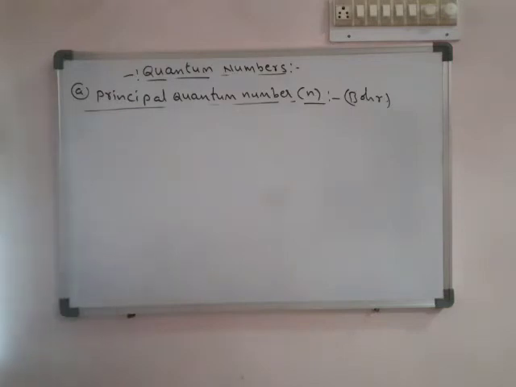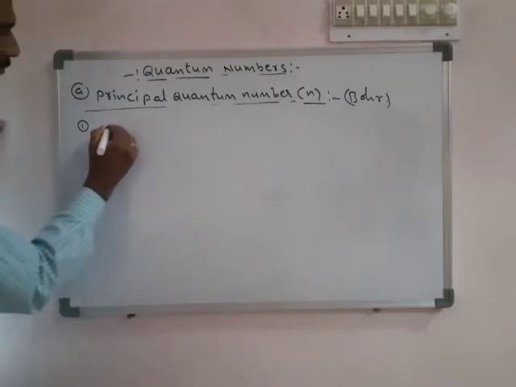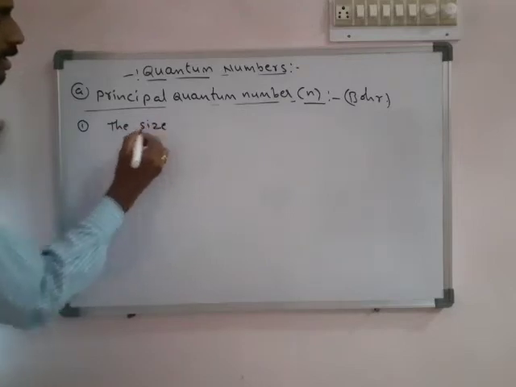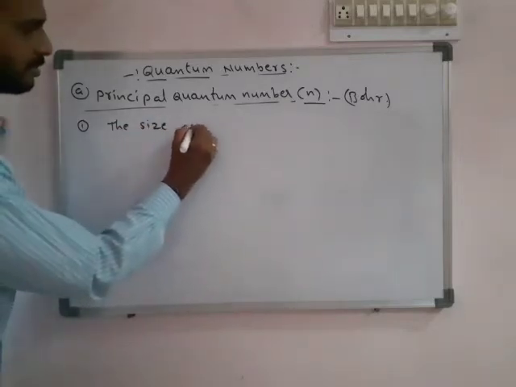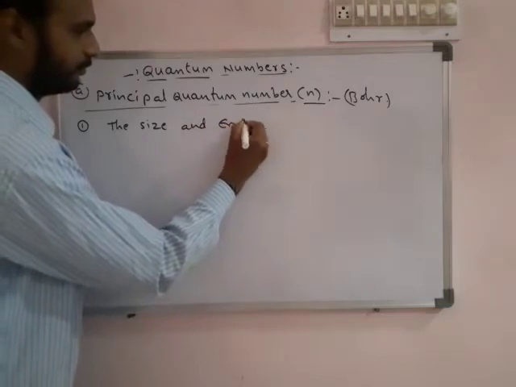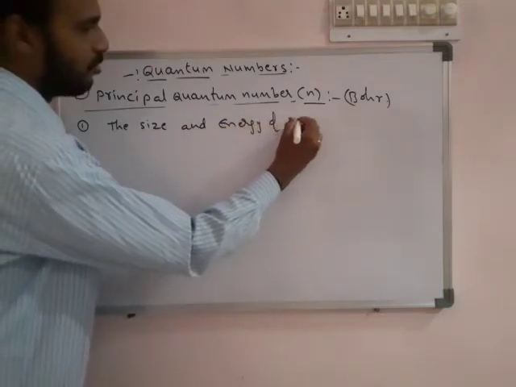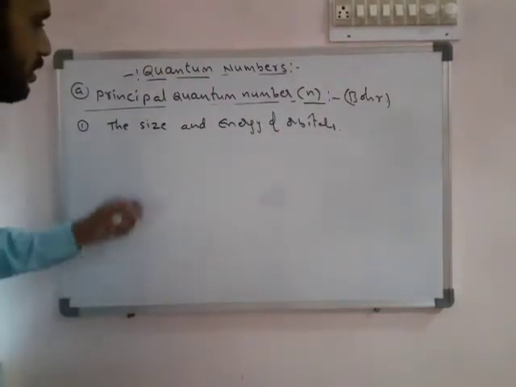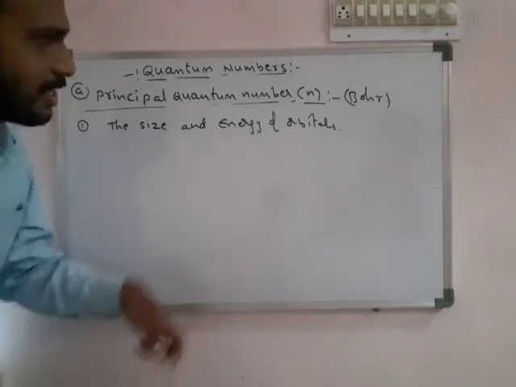What is the purpose of the principal quantum number? Mainly it tells about the size and energy of orbitals.